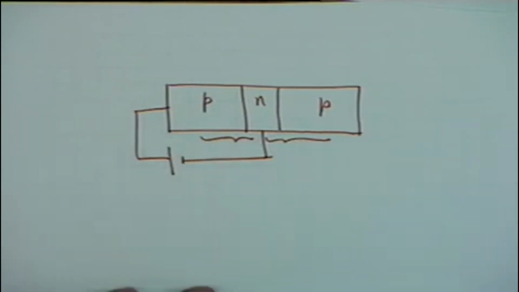What is the resistance of this junction? When it is forward biased, the resistance is ideally 0, but it is of the order of tens of ohms.